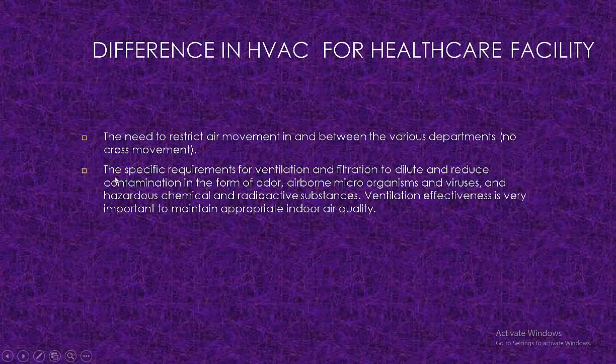The second requirement of healthcare facilities is the specific requirement for ventilation and filtration to dilute and reduce contamination in the form of odor, airborne microorganisms and viruses, and hazardous chemical and radioactive substances. Ventilation effectiveness is very important to maintain appropriate indoor air quality.